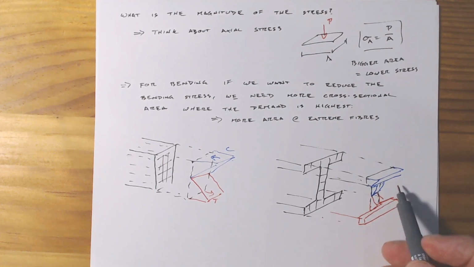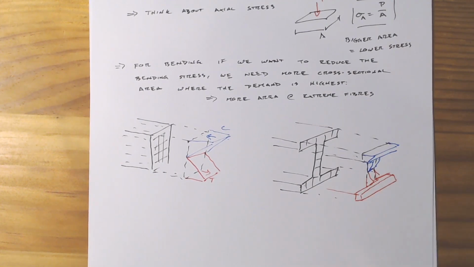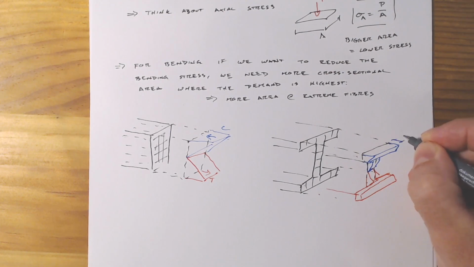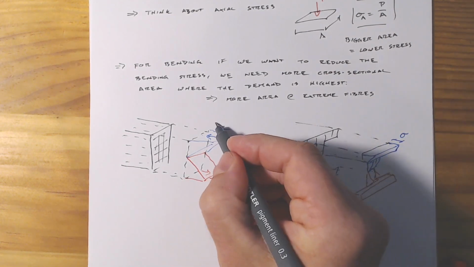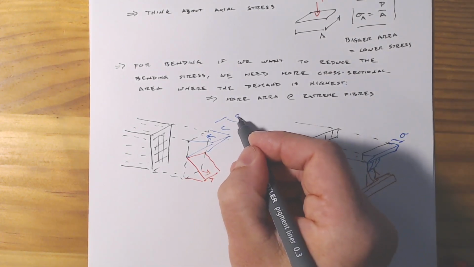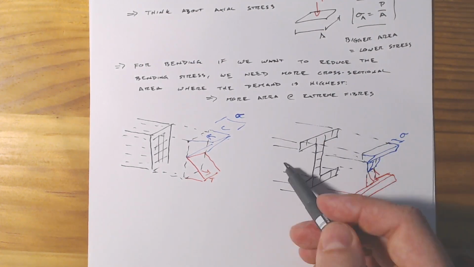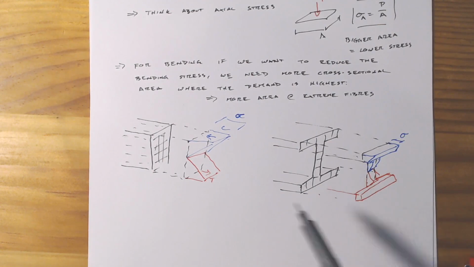But if you do the math, you'll find out that the magnitude of this stress is going to be much smaller than the magnitude of this stress, just simply because there's more cross-sectional area here. And this is what we term our moment of inertia.